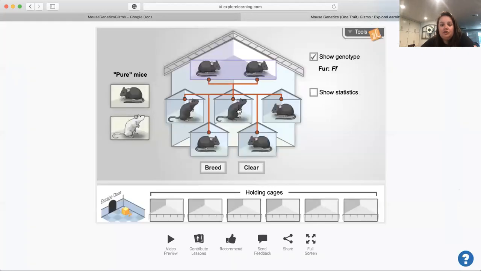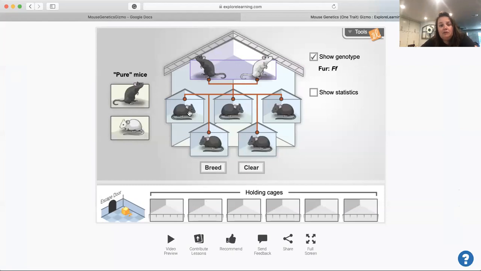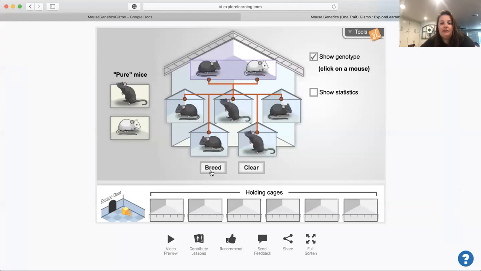And when you look at their genotypes, so let's clear. We're going to put a black mouse and a white mouse in. We said that no matter what, they're going to have genotypes that are capital F, lowercase f, every time. If we hit breed again, they are all the same, and every single one of them is black.